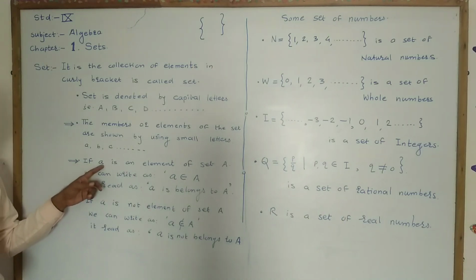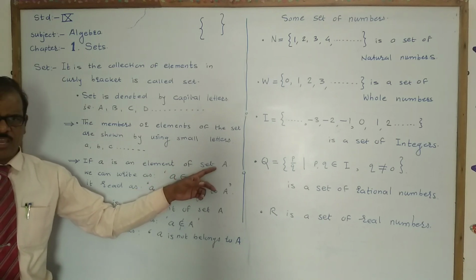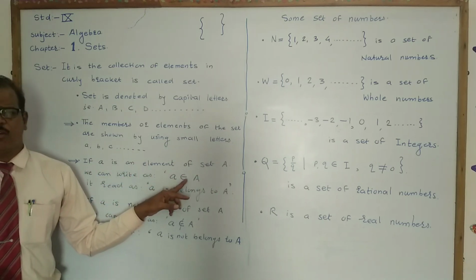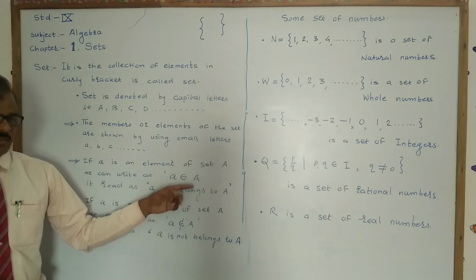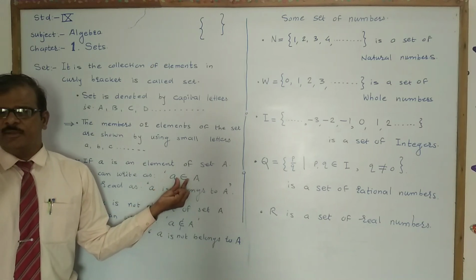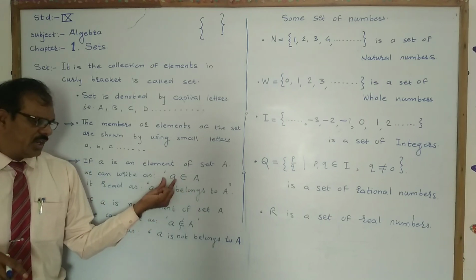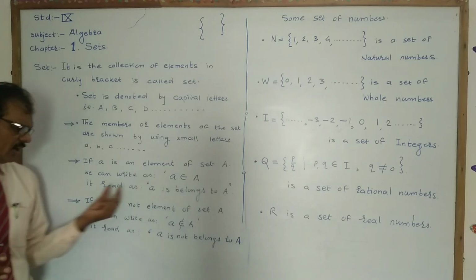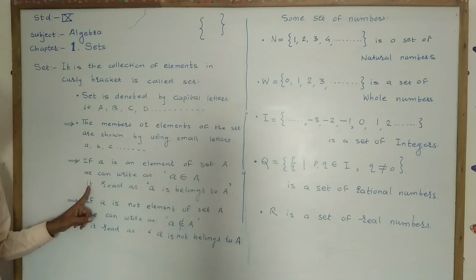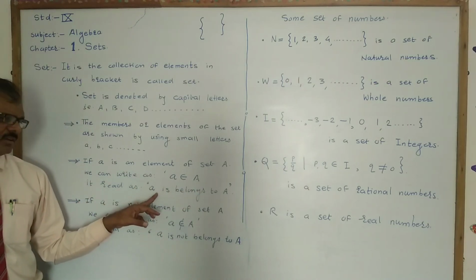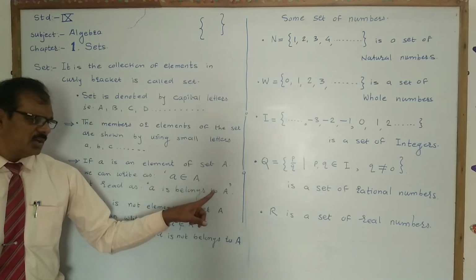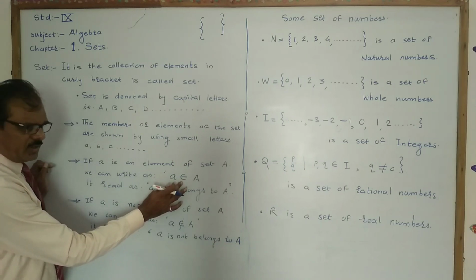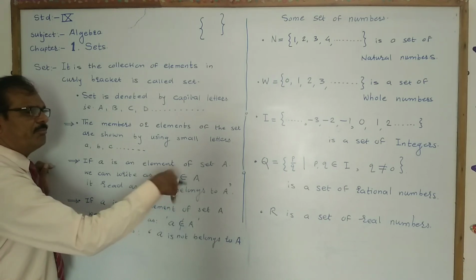If a is an element of set A, we can write it as a belongs to A. This symbol is called epsilon. So a is an element belonging to the set A. How to read it? It reads as a belongs to A. Don't confuse here: this symbol is epsilon, and epsilon means belongs to.